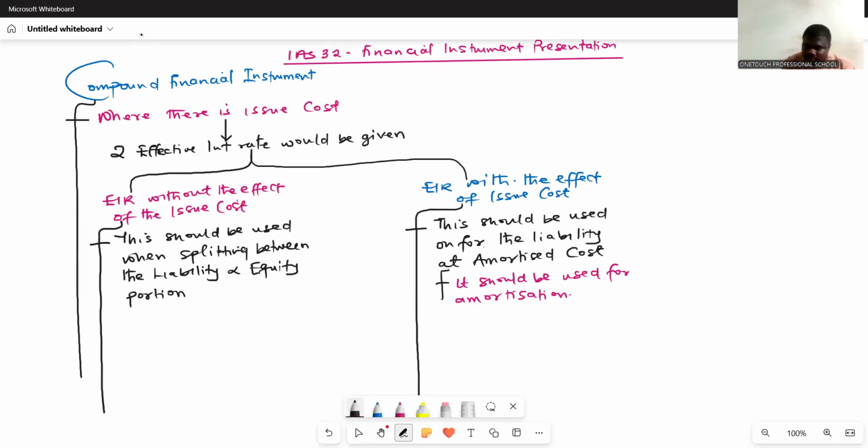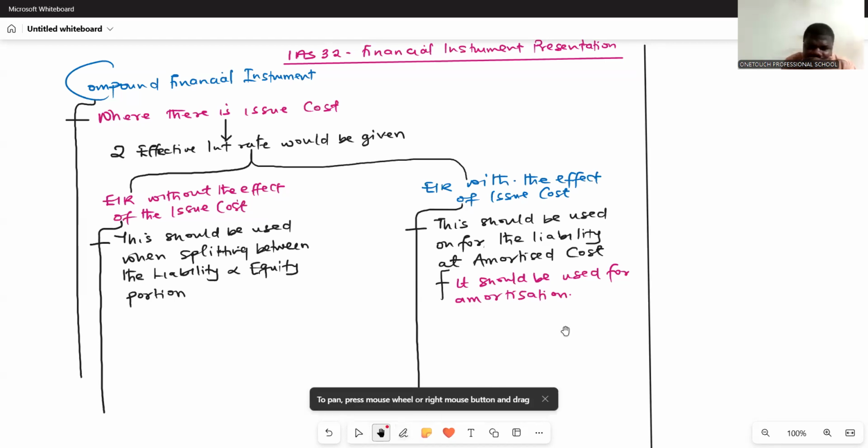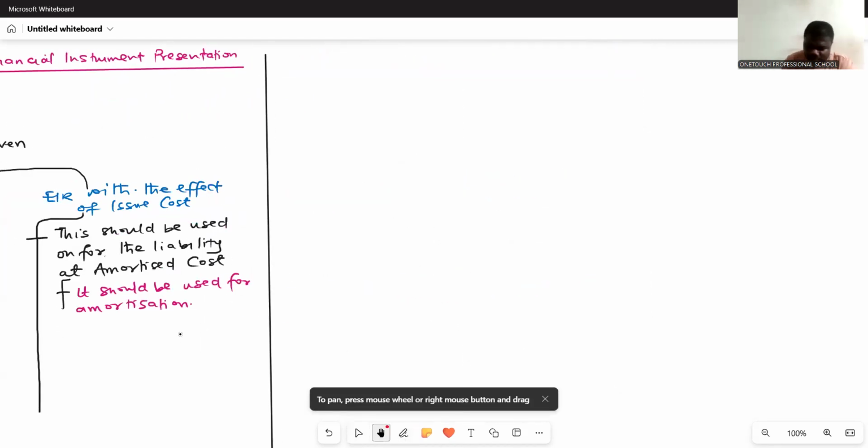Now, what is the process? The process for accounting for compound financial instrument with issue cost, the steps. How to deal with compound financial instrument with issue costs.